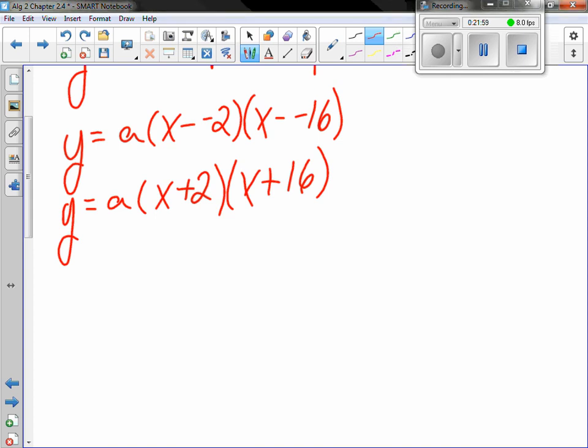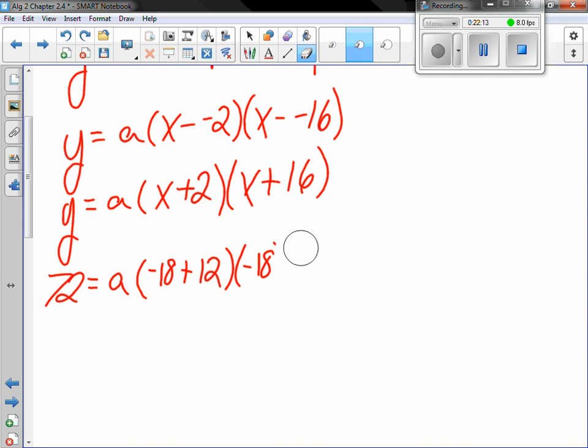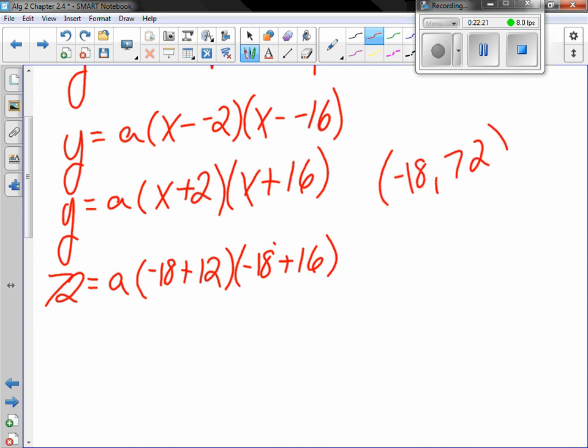The y value for this is 72. The x value is negative 18, and we plug negative 18 in twice, because our point was negative 18 comma 72.